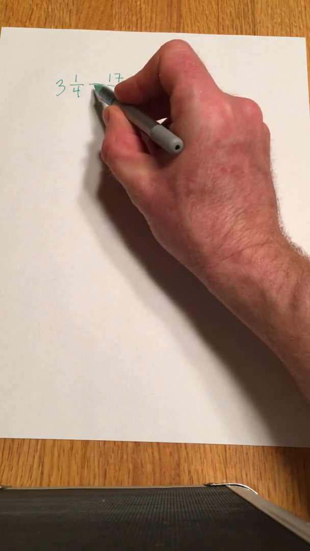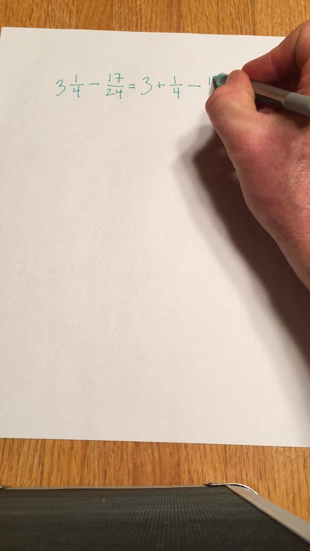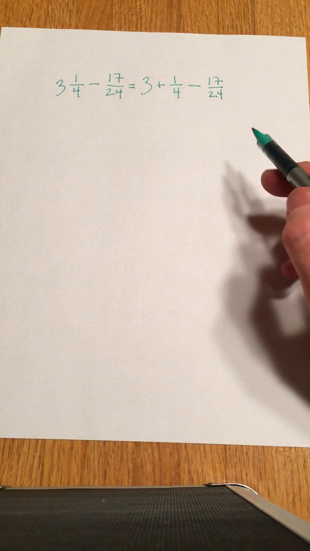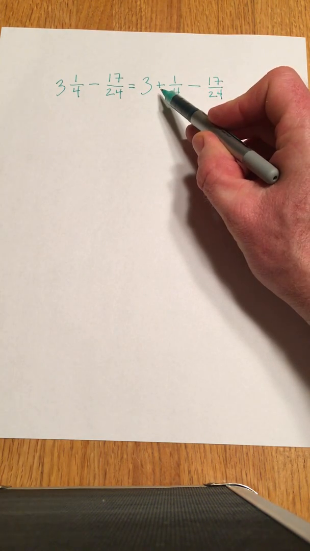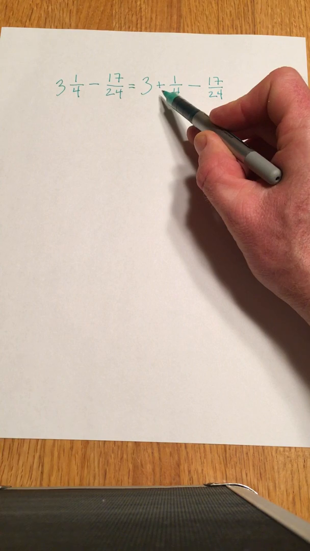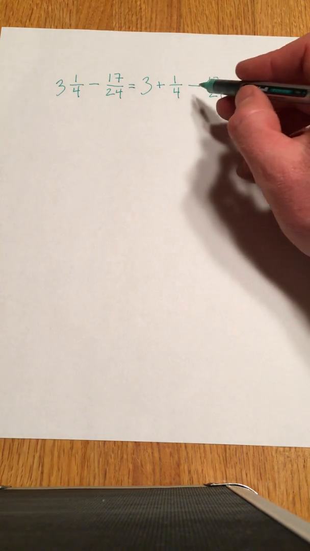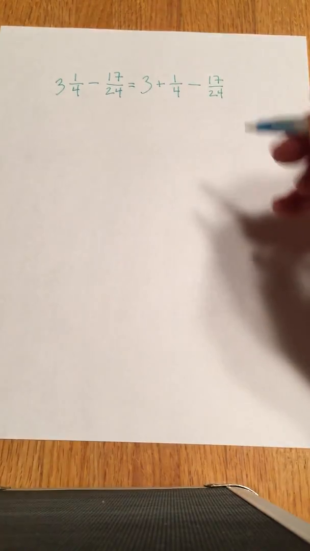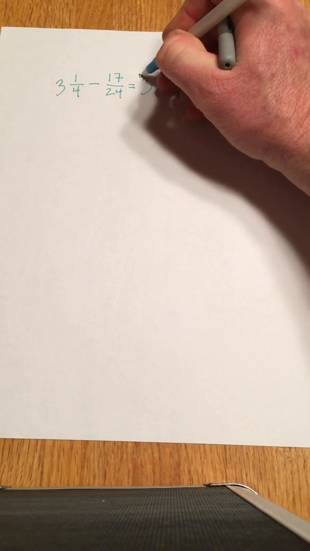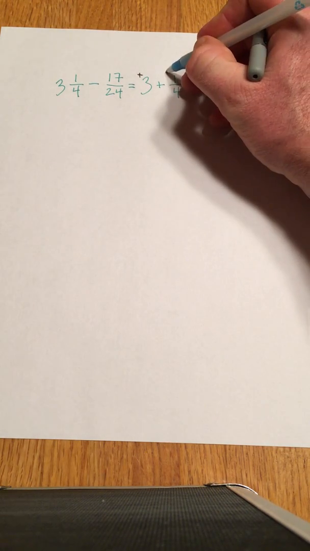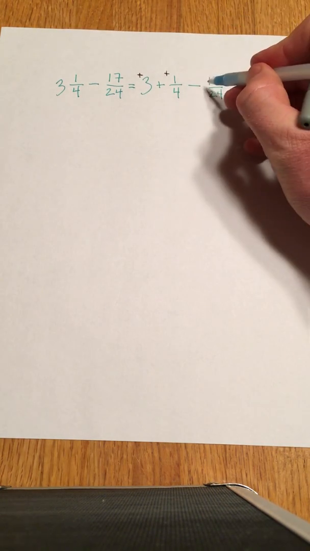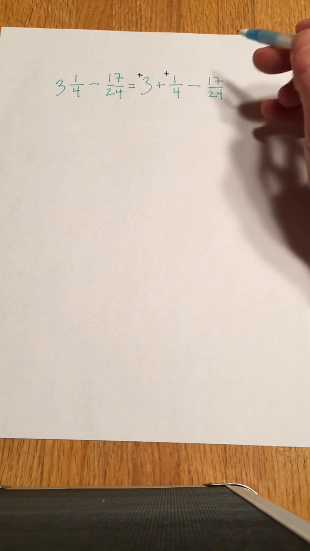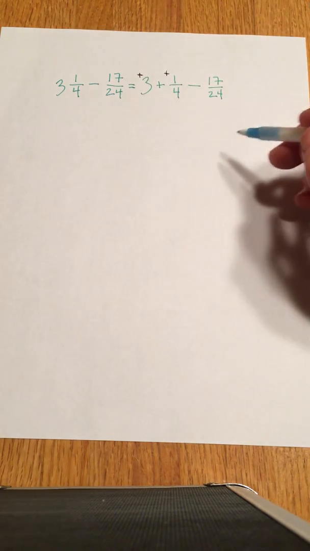And so if we subtract 17/24 from that, due to the commutative property of addition, as long as I keep the negative sign with the 17/24, I know my 3 is positive. I know my 1/4 is positive. My 17/24 is negative. That means I'm taking it away from whatever else exists in this expression.